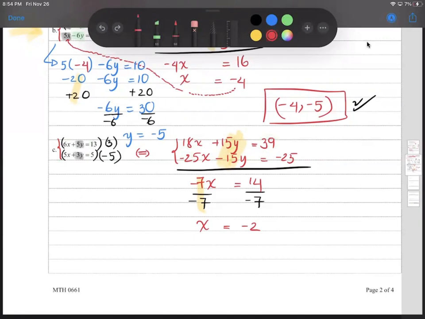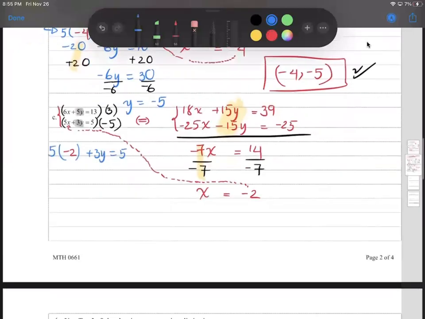So I'm going to plug x equal negative 2 into the bottom equation. Again, convenient. Somebody else could have picked the top equation. 5 times x, now is negative 2, plus 3y equal 5. 5 times negative 2 is negative 10 plus 3y equal 5.